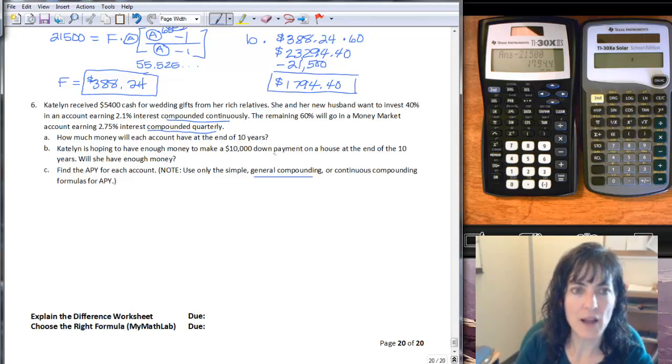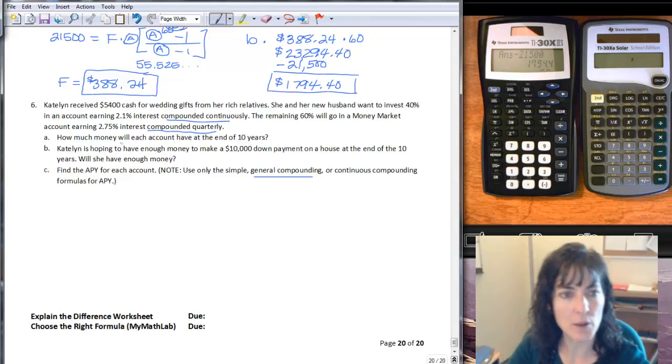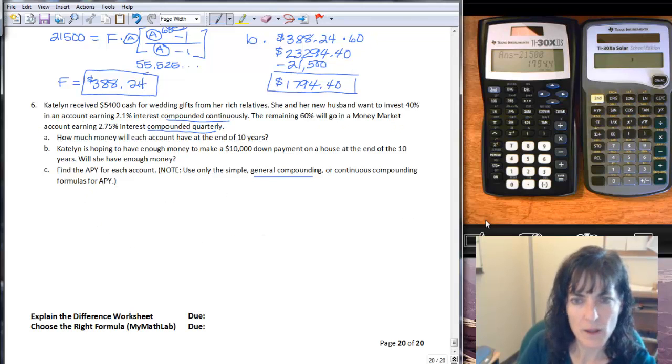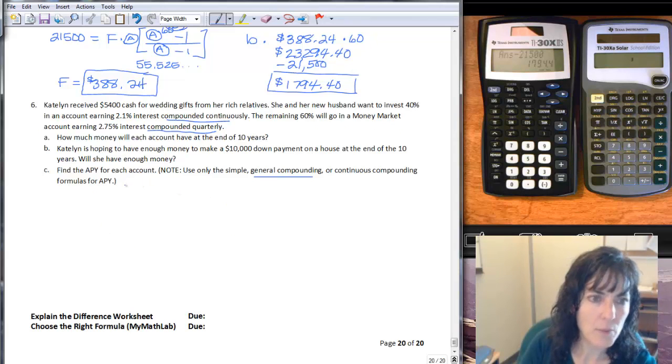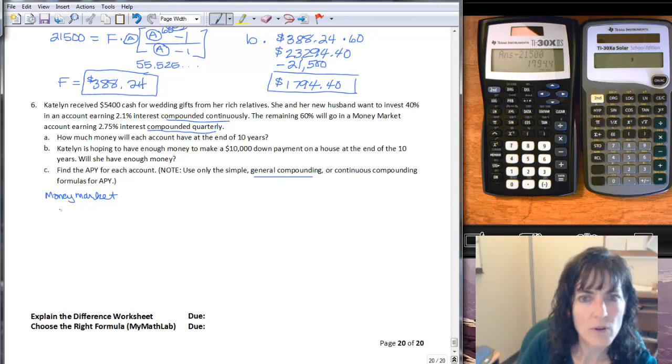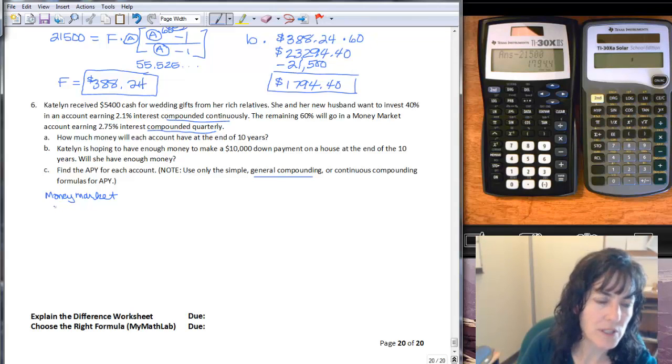I see that we have two accounts that we're talking about. One is a money market. And we have just an account that's compounded continuously, so I'll say continuously.